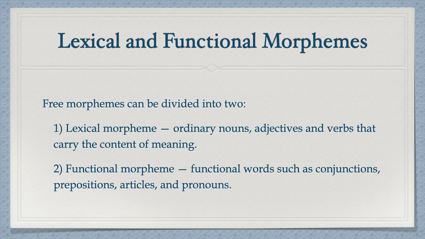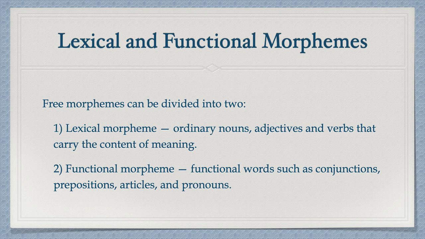Now free morphemes can be further subdivided into two, lexical morphemes and functional morphemes. Now, as we already mentioned, free morphemes are words on their own. They are independent words. So, when we say lexical and functional morphemes, these are actually the same as lexical and functional words.